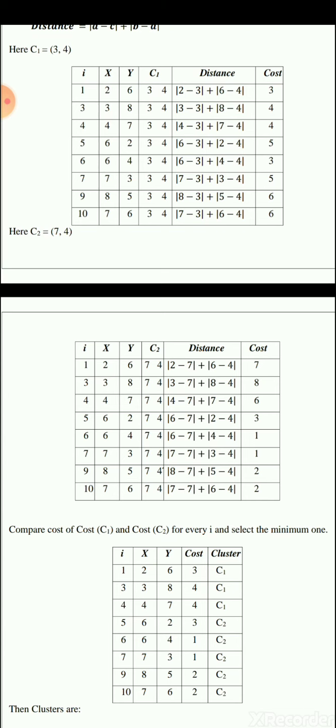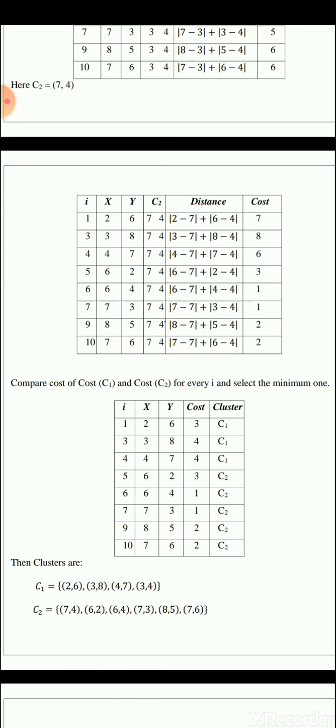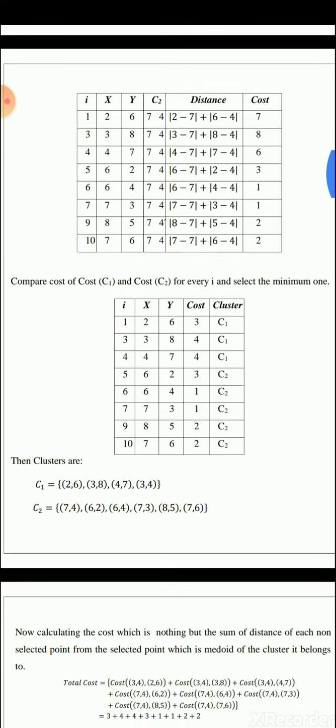Likewise, you compare each cost of C1 and C2, select the minimum one, and put the point in that cluster. Then the clusters are: C1 group is 2,6, 3,8, 4,7, 3,4; C2 is 7,4, 6,2, 6,4, 7,3, 8,5, 7,6.